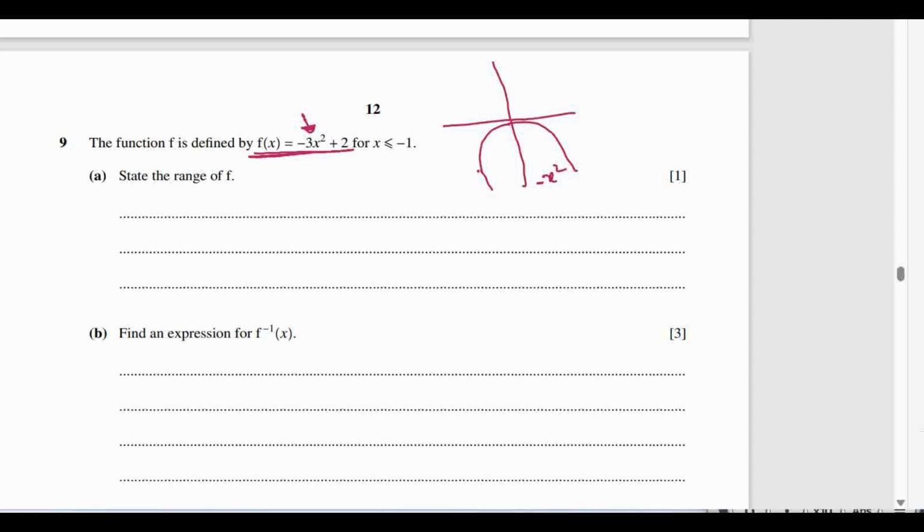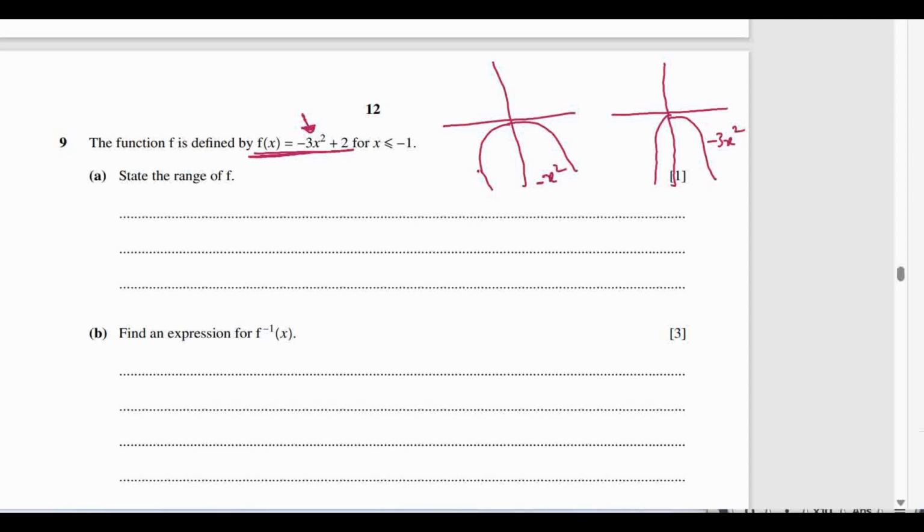So now the next thing is that here we can see that this is -3. So -3 means that this will be a vertical stretch. So vertical stretch means that this will be the graph of the same parabola with -3x square.